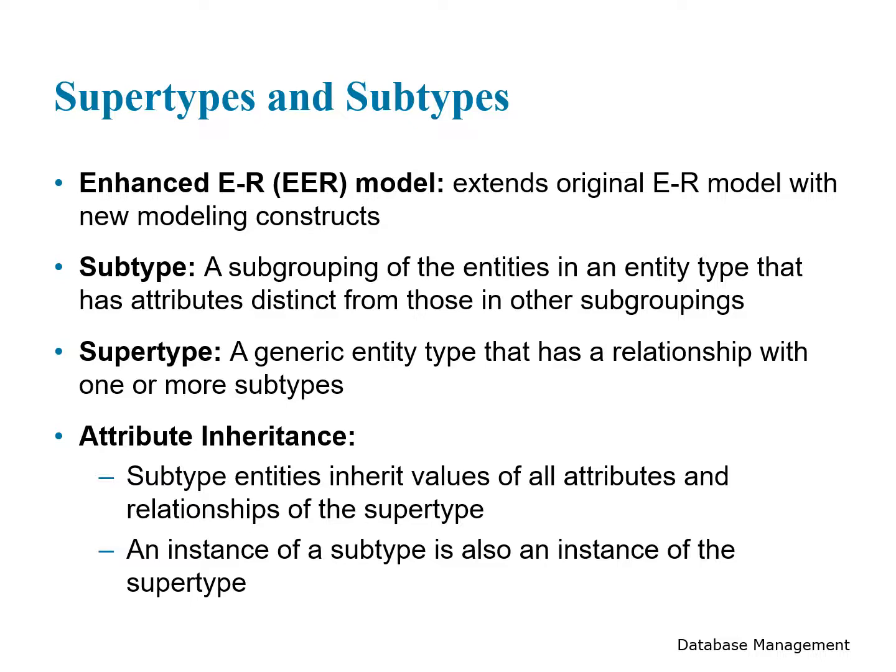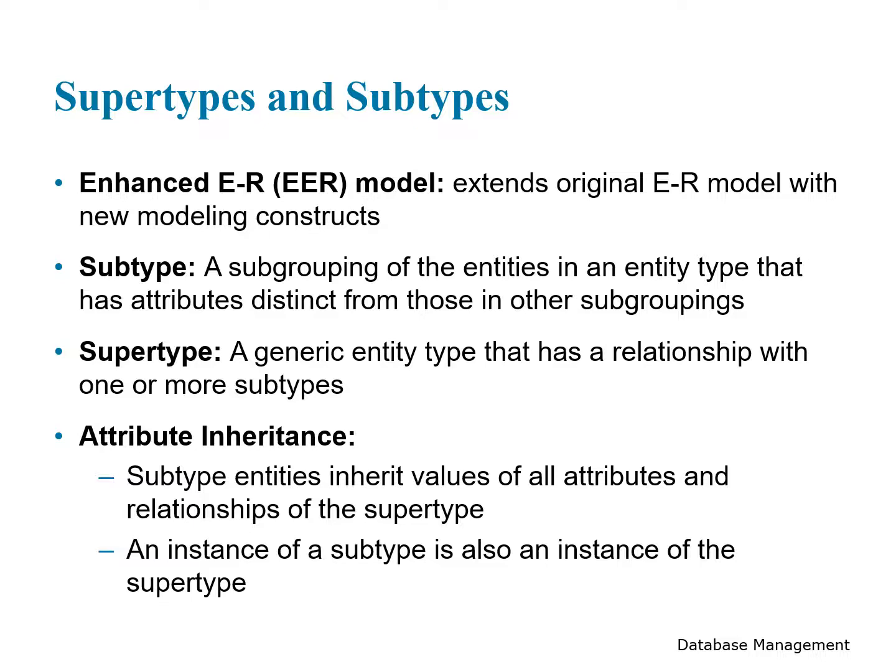The idea of supertype, subtype, and inheritance, which are central to the enhanced entity relationship model, are also key concepts in object-oriented software design and programming. If you ever use an object-oriented programming language like Java or C++, you will encounter the concept of classes, which are similar to types.